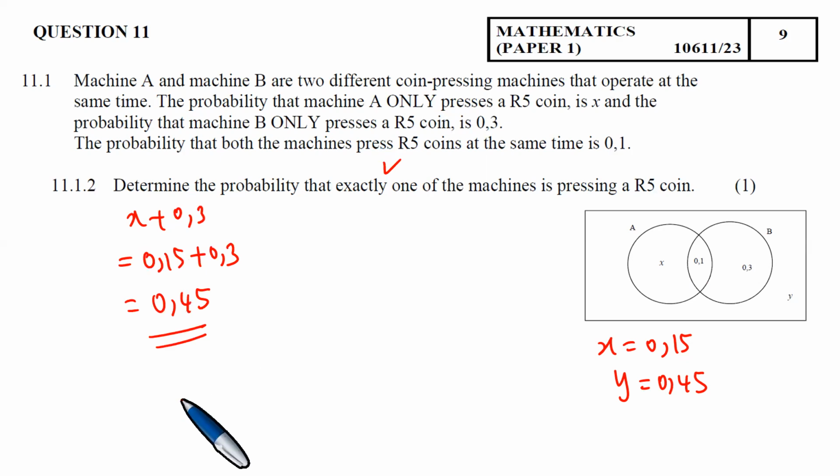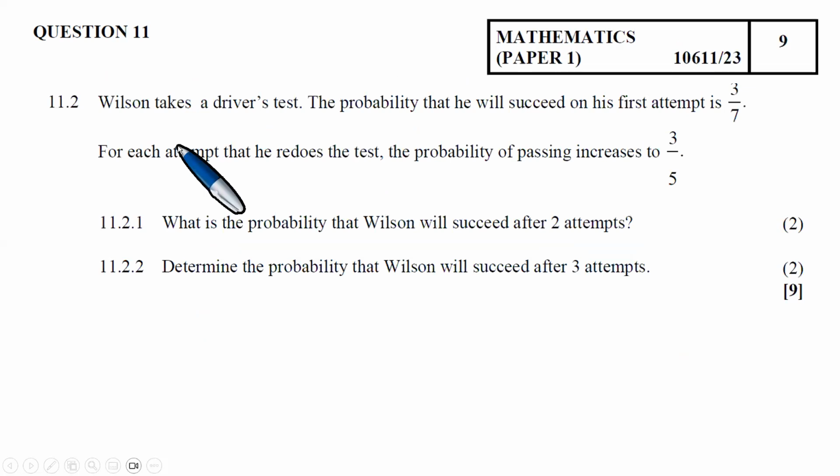Right, so the probability in 11.1.2 that exactly one of the machines is pressing a 5 rand coin is 0.45. Next one. Wilson takes a driver's test. The probability that he will succeed on his first attempt is 3 out of 7.